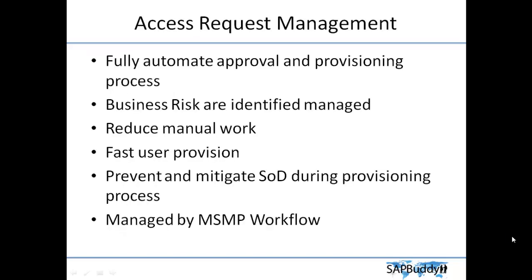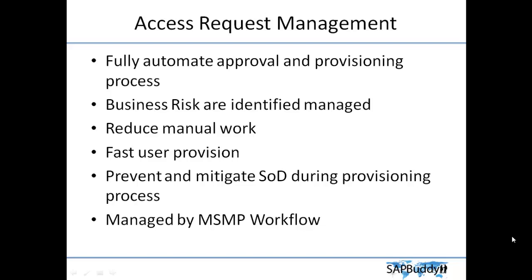Then we will come to access request management. Access request management is a fully automated approval and provisioning process, and business risk is identified and managed very well inside it. It reduces manual work, and the paper-based approval process, where you need to send it to somebody else, they sign it, and you need to store it, is all eliminated.